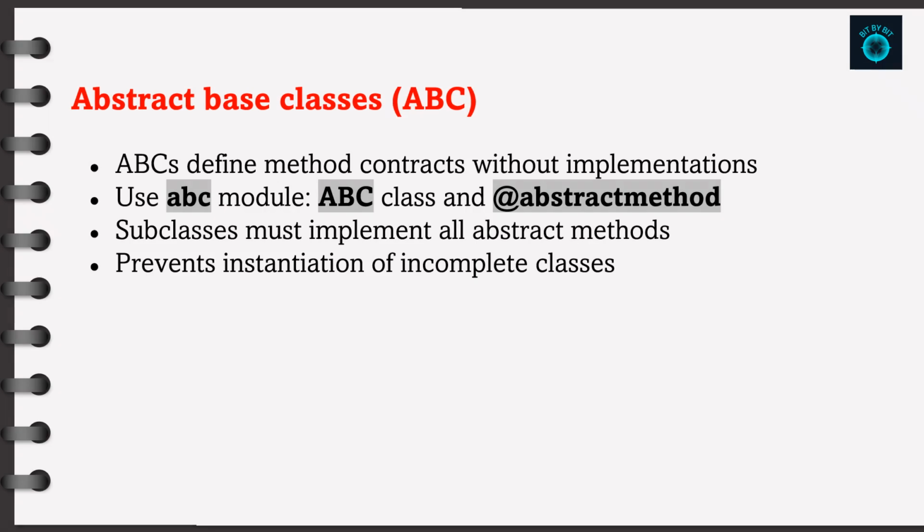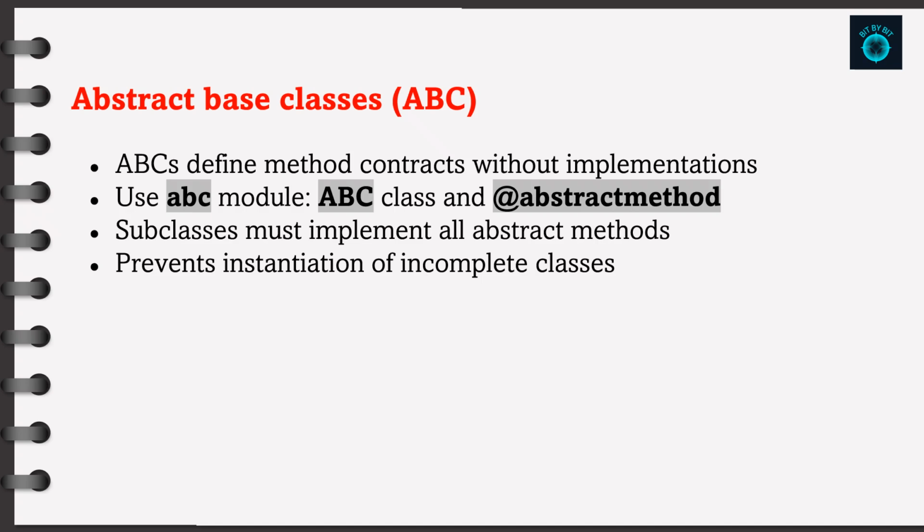Abstract base classes, ABC. Abstract base classes, often shortened to ABC, are used in Python to define method signatures that must be implemented by any subclass. They act like templates, enforcing a contract for future classes. To create an abstract class, we use the built-in module named abc, which stands for Abstract Base Classes.